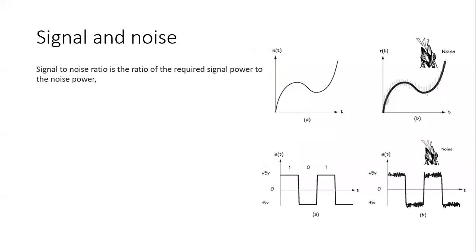Now, this noise will affect analog signals and digital signals differently. If you see analog signals, it's directly attacking the analog signal, so the entire signal becomes noisy. Whereas the advantage that we have with digital signals is that it attacks only the amplitude.